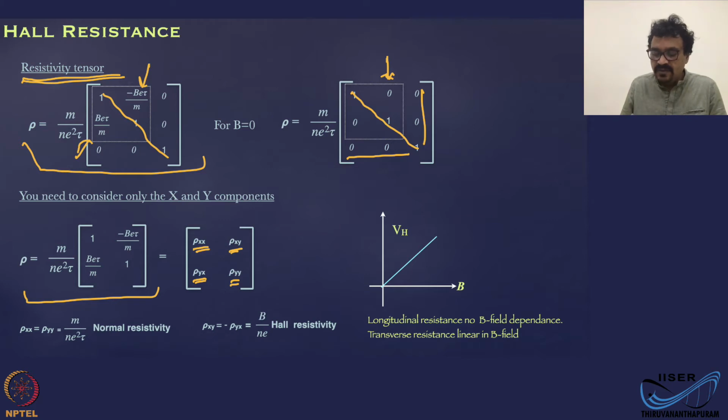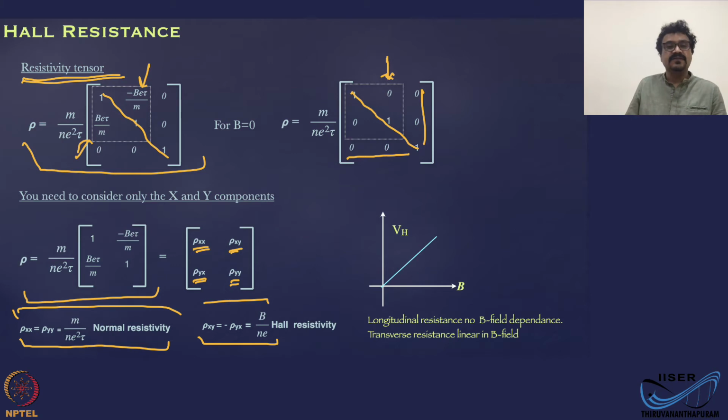The off-diagonal components, rho xy and rho yx, involve the magnetic field, and the diagonal components are your normal resistivity, which is equivalent to your Ohm's law derivation using the classical Drude theory. The off-diagonal components rho xy, which is the negative of rho yx, is B by ne, that is the Hall resistivity.